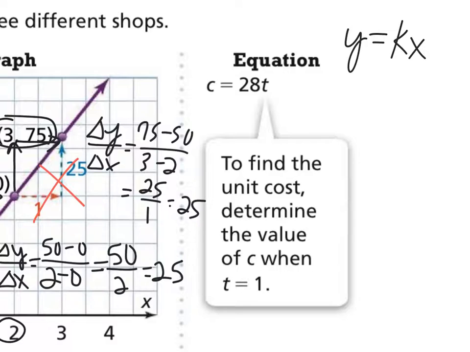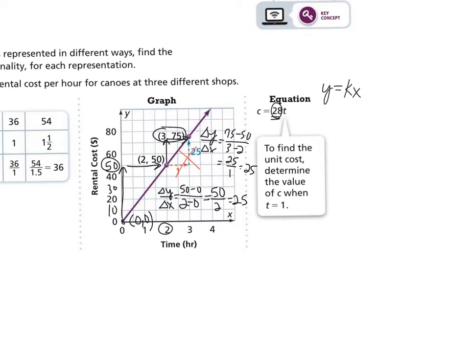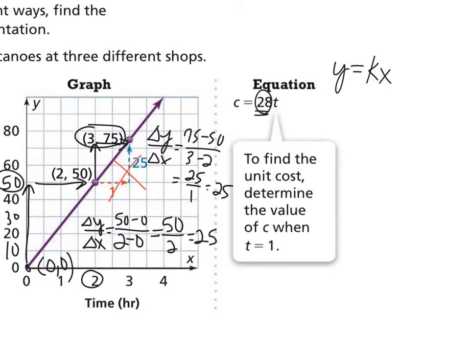I know the letters are changed here. They did C and T instead of Y and X, but it's the same idea. So this means 28. That would be $28 per hour for that one. And that's all we have to do on those. Those are real easy with the equations. We just look at what that number is, what that coefficient is, and then that's our unit rate.